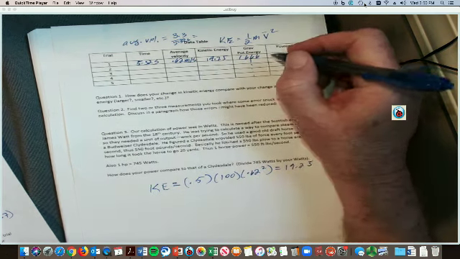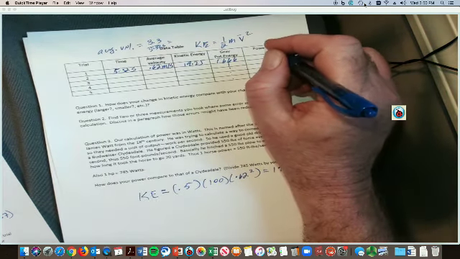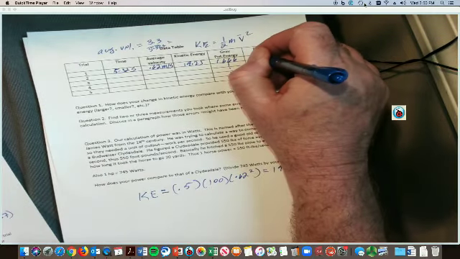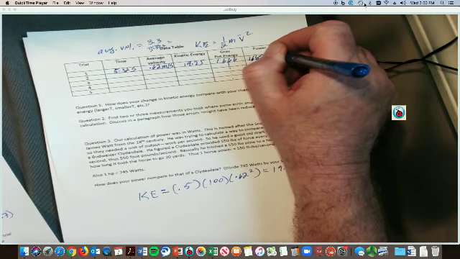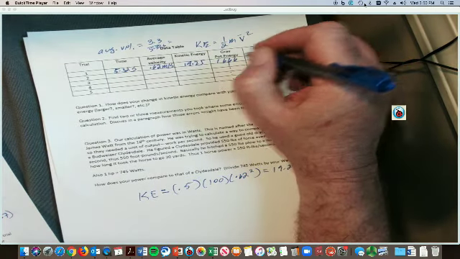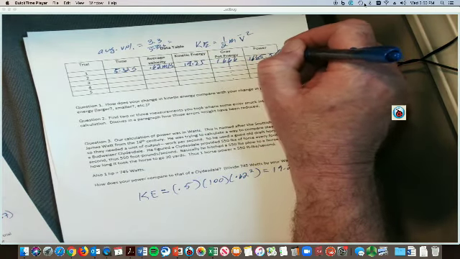And so now I'm going to add them together, and I get 1685.22 joules. So for my power, I add those and divide by the time.